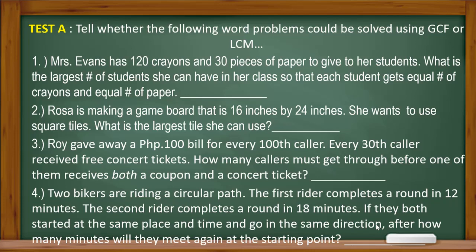Test A, you will only write if the problems can be solved using GCF or LCM. So your answer would be only GCF or LCM. Pause the video for 5 minutes and then after 5 minutes, we will check.